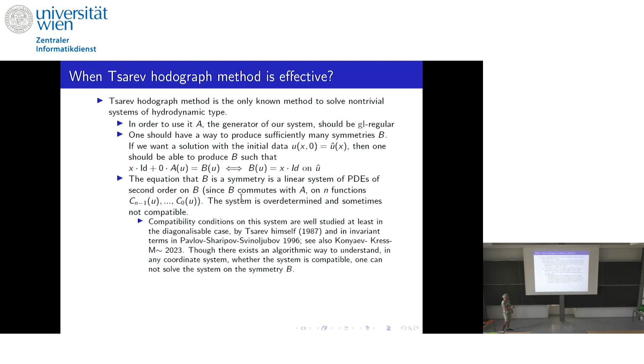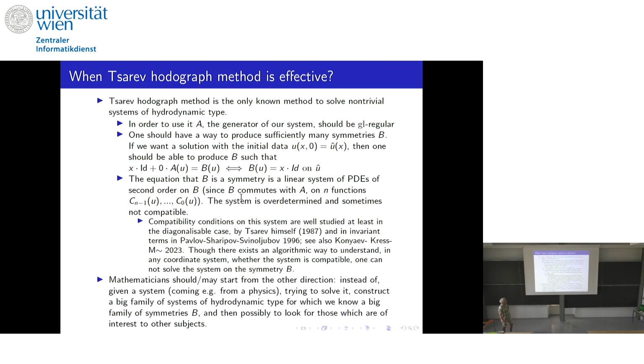The names are here. It is a joint paper with Andrei Konyaev, and also with Jonathan Press. This was an algorithmic way to understand, by differentiation and algebraic manipulation, whether the system is compatible. Given A, we do it by Maple, comparing differential expressions with 0, to see whether the system is compatible, but still we don't have a formula for B.